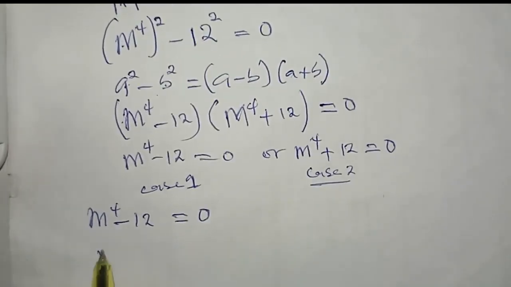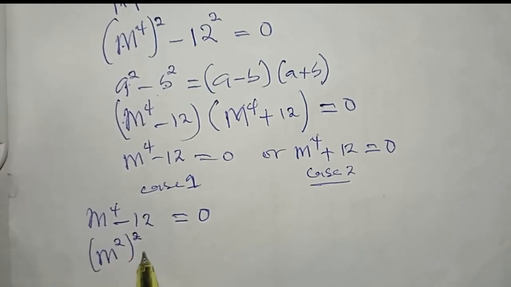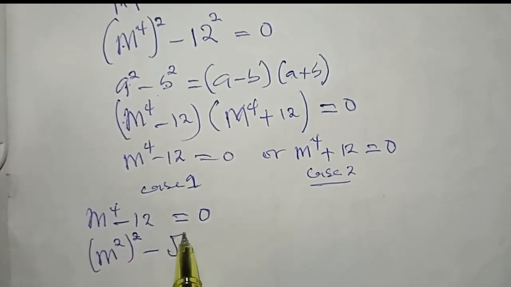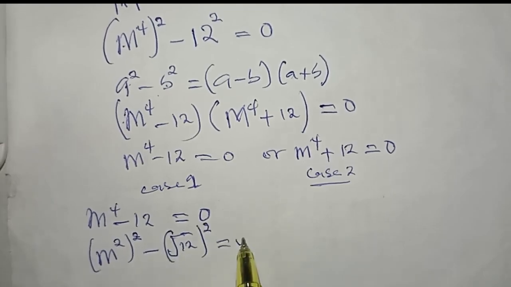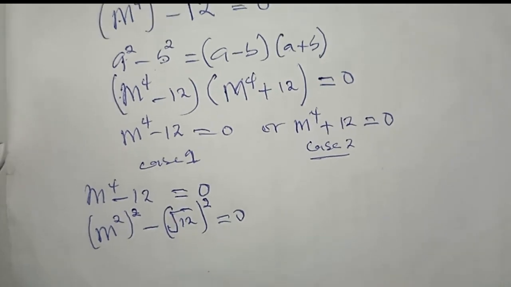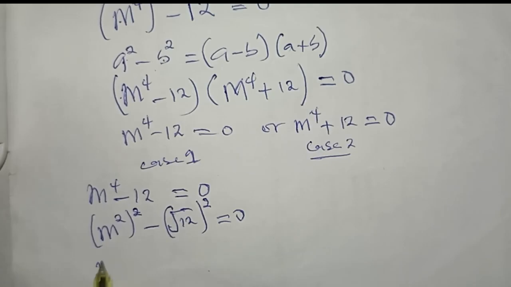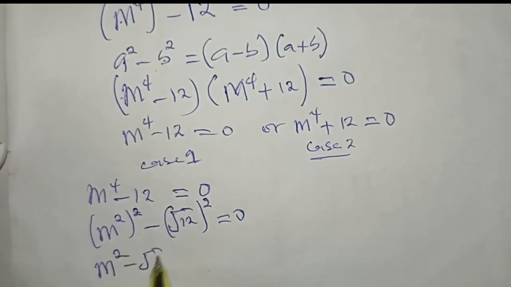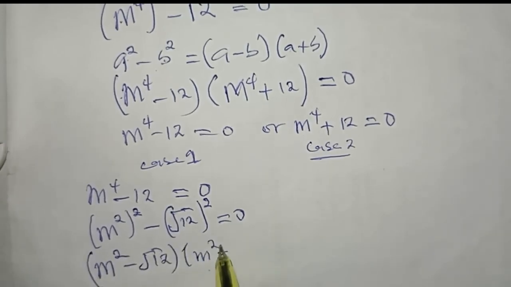So taking this first case, m power 4 minus 12 is equal to 0. I can write this m power 4 as m power 2 all power 2, minus, and I can also write this 12 as square root of 12, and of course power 2, is equal to 0. So using the difference of two squares again, this will change to m power 2 minus root 12 multiplied by m power 2 plus root 12 is equal to 0.